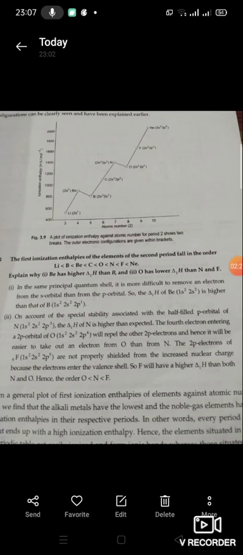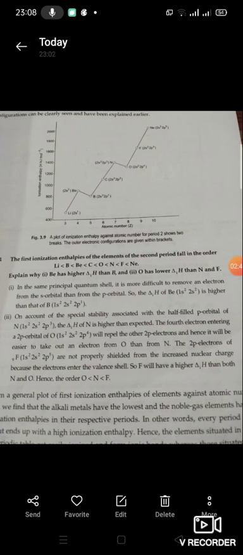Look at one example. The first ionization enthalpy of the elements of the second period falls in the order lithium, boron, beryllium, carbon, oxygen, nitrogen, fluorine, neon. Why does beryllium have higher ionization enthalpy than boron?